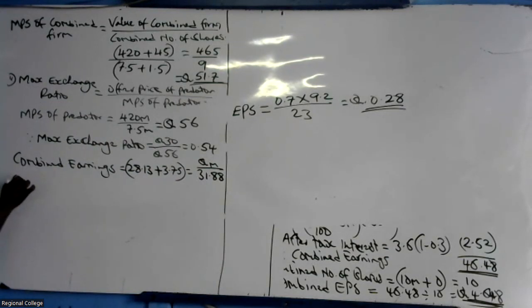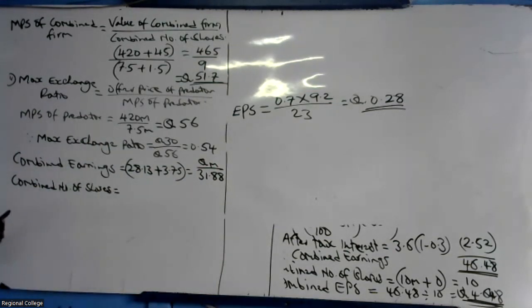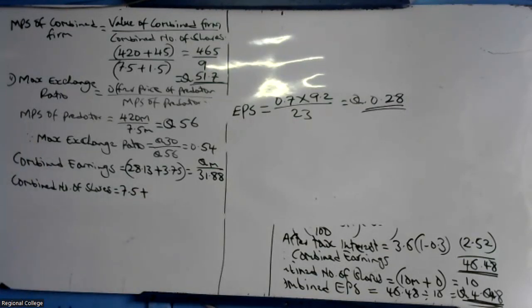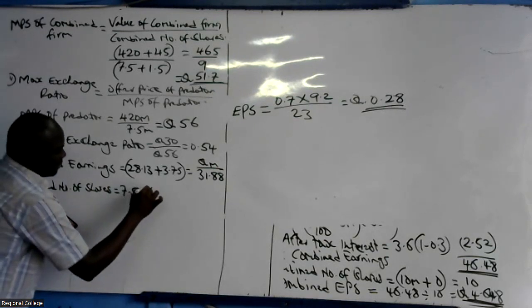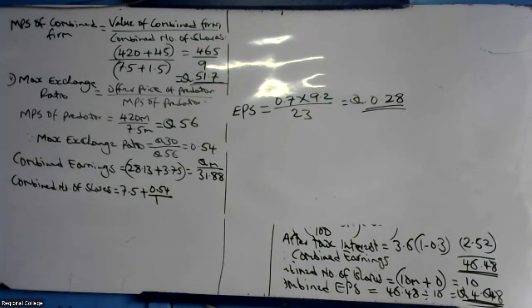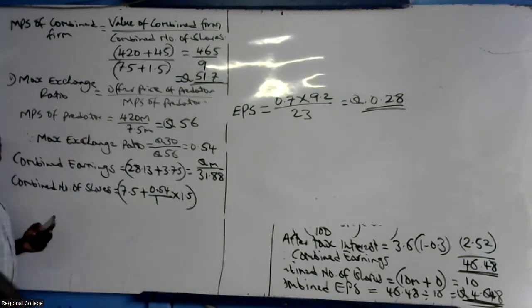Do you have the combined number of shares? The sum is 7.5, right? And you're giving out how many new shares for everyone? 0.54 for everyone, out of 1.5 still. So what is the combined number of shares?